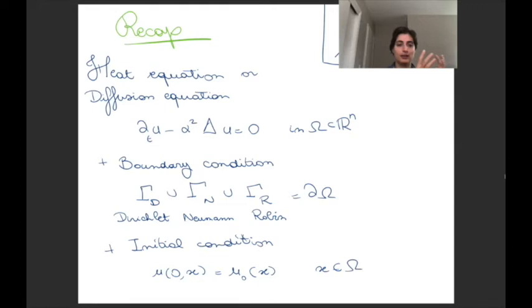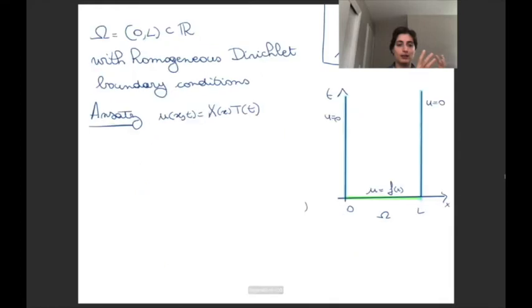And we have set an initial condition for every point in the domain. We have taken the case of omega just being an interval 0 to L in R with homogeneous boundary conditions.